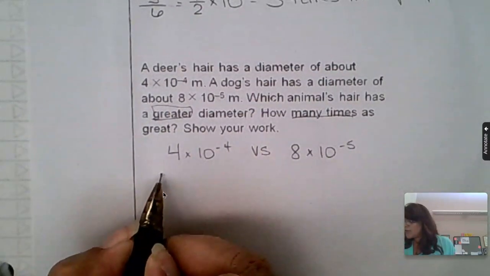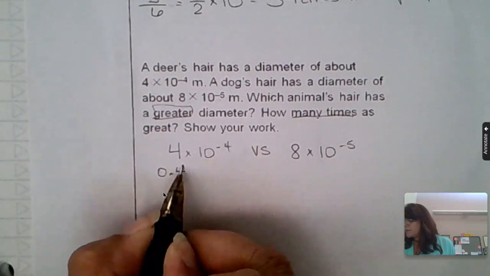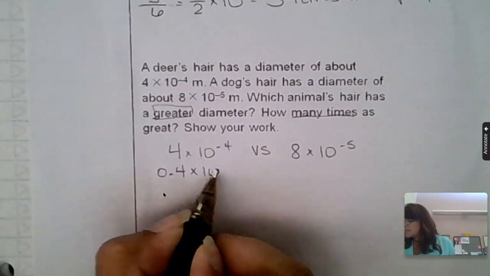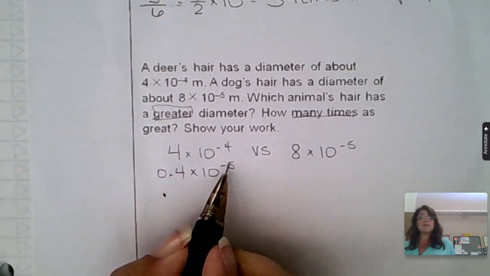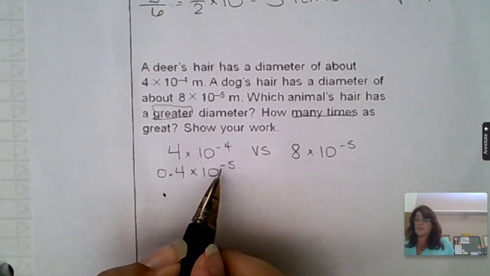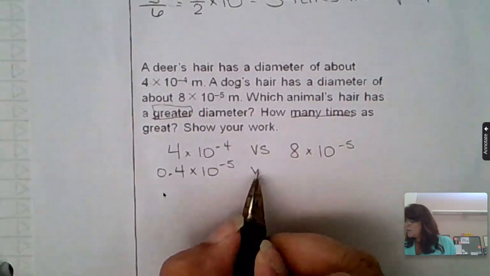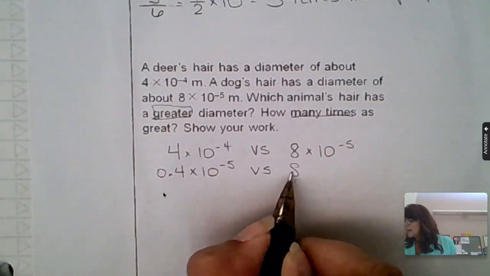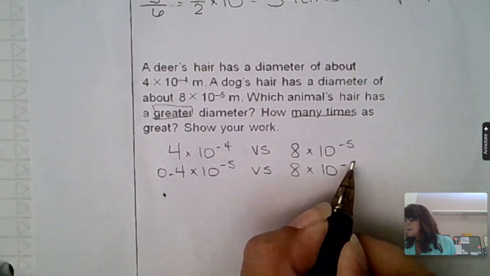So I could change this to be 0.4 times 10 to the negative 5th. Notice, by giving it another negative tens value, I moved the decimal that way. Versus 8, and this is still 10 to the negative 5th.